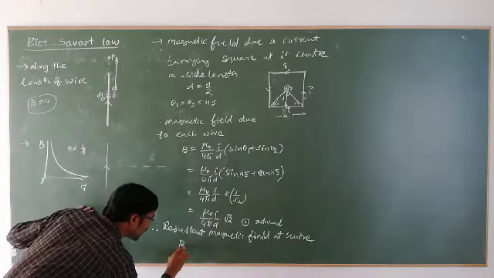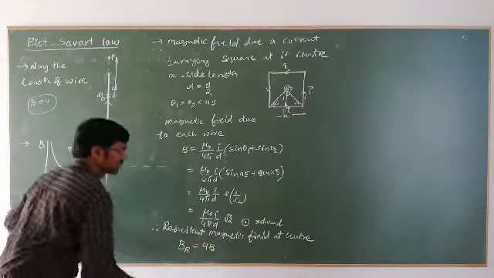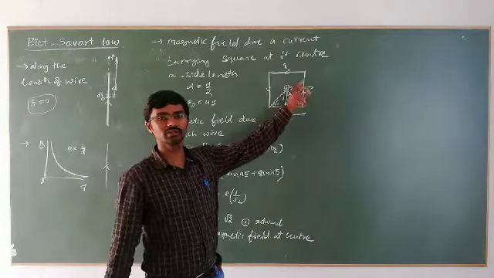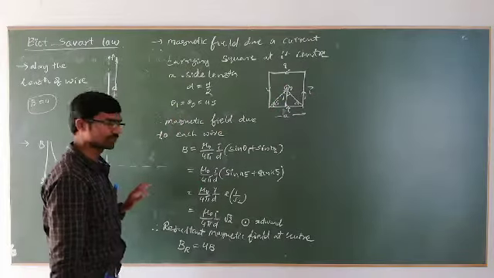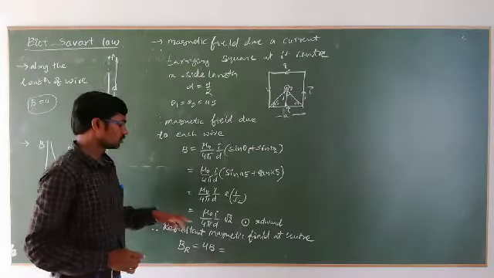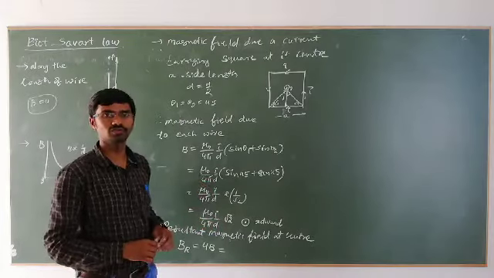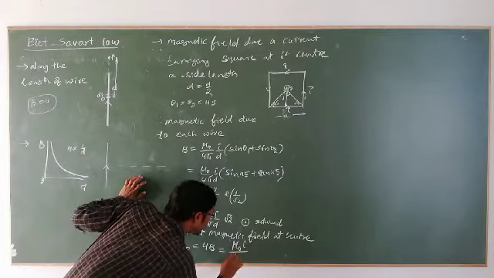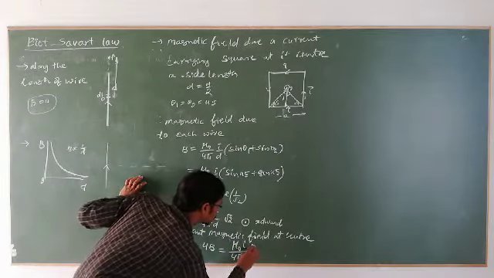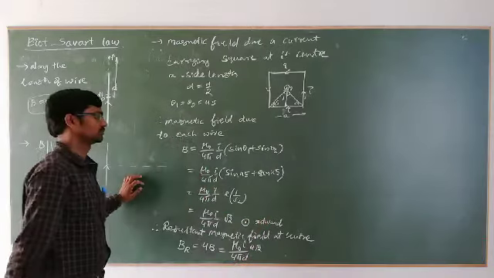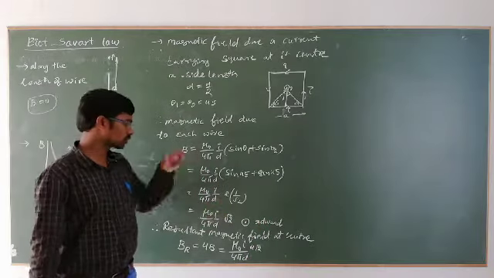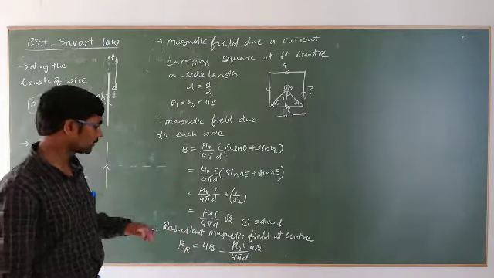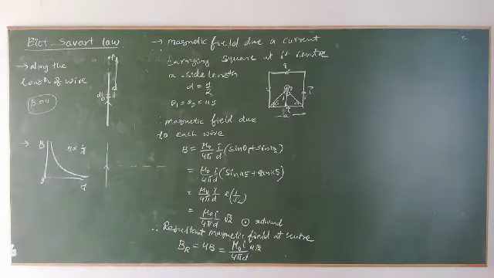Therefore, the magnetic field due to each side, B, is equal to mu naught by 4 pi I by D into (sin theta 1 plus sin theta 2).